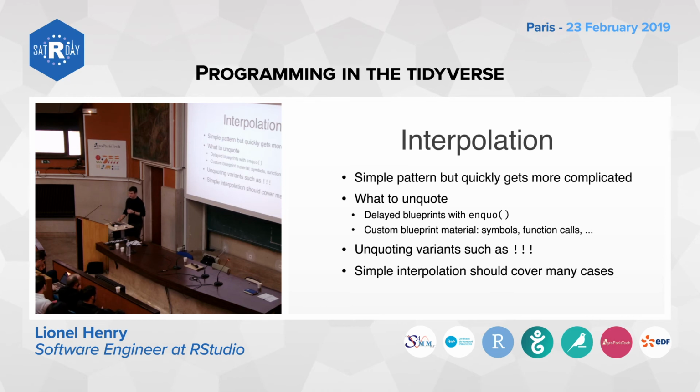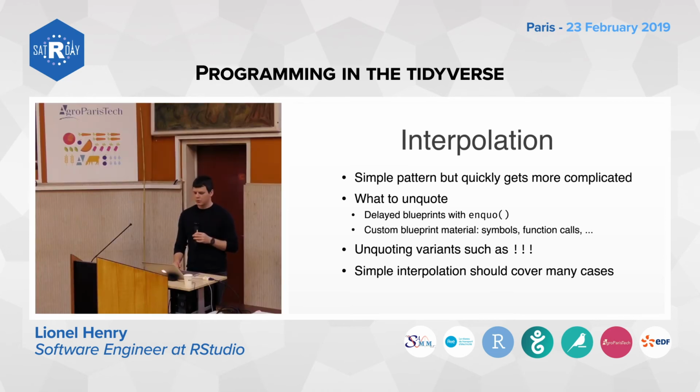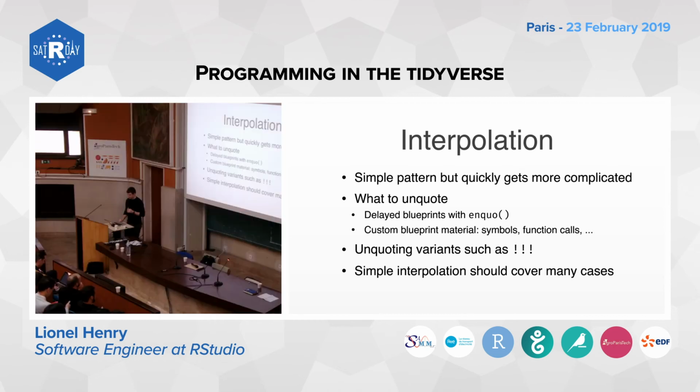So interpolation is a simple pattern for simple cases, but it can quickly get more complicated. So for example, you can have variations on what to unquote. So here we have delayed a blueprint and we haven't quoted that, but you could create custom blueprint materials such as symbols and function calls.